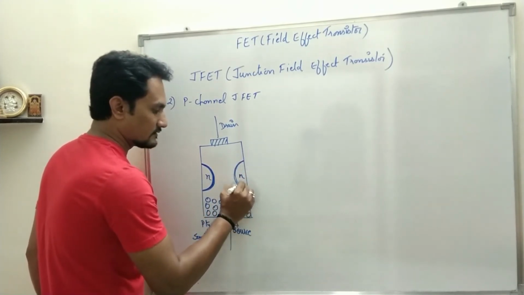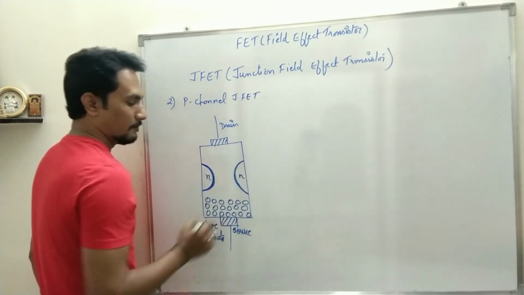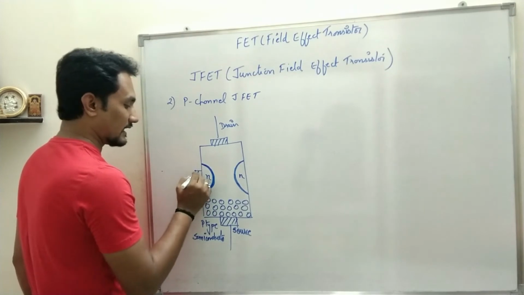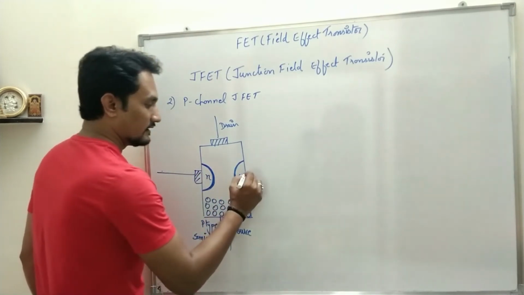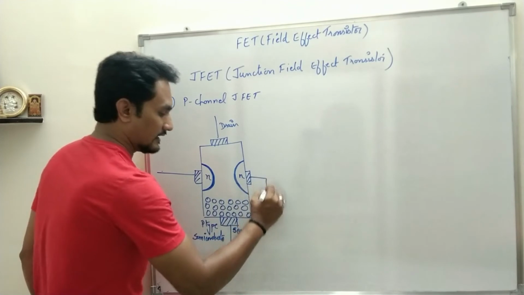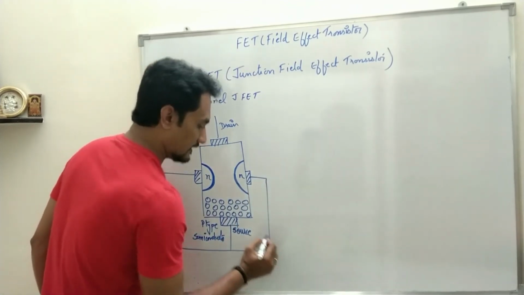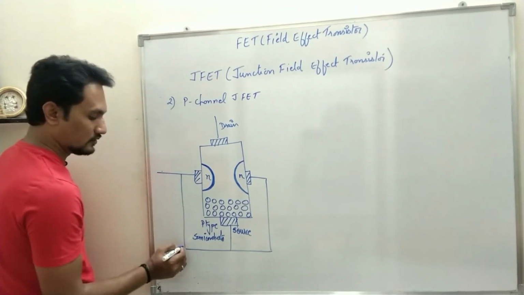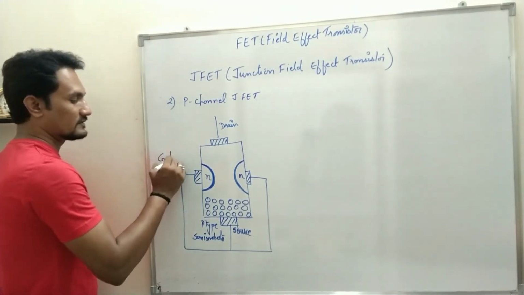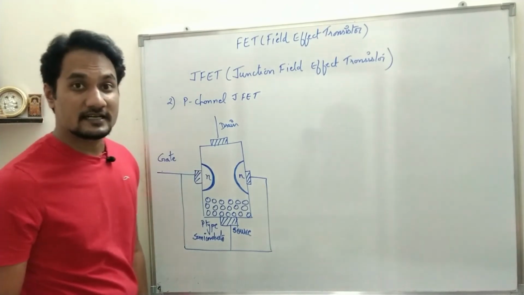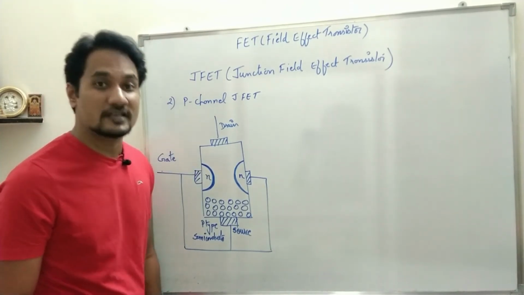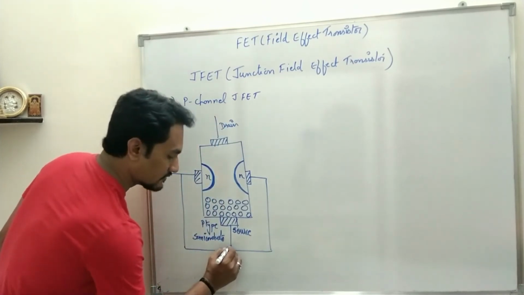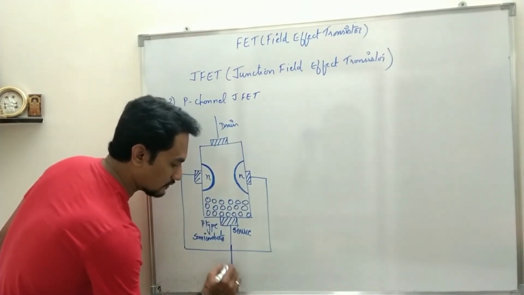These two terminals are internally always connected together, and a common terminal will be taken out, called the gate. So in BJT we had emitter, base, collector, and in JFET we have source, drain and gate.